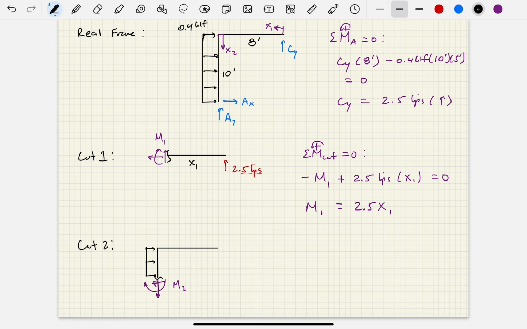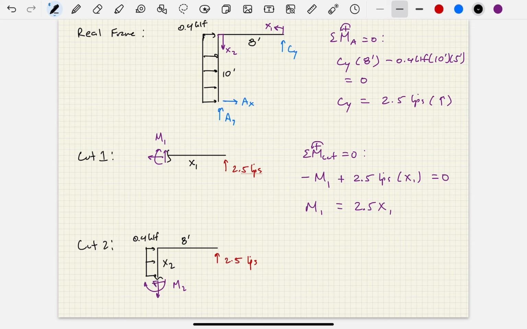Because I'm making a cut in that vertical member, which is supporting that 0.4 KLF. This is 2.5 kips reaction. This length is 8 feet. What is this length from the corner of the frame to the cut? Is it 10 feet? Is it 5 feet? No, no, no. It is x2, okay?